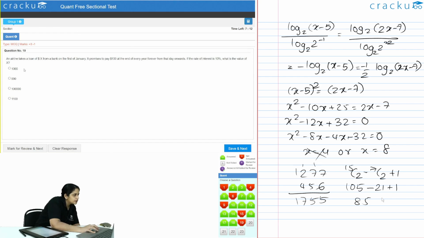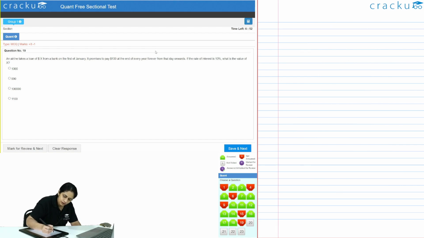Okay, 7 minutes left. An airline takes a loan of X dollars from a bank on the 1st of January. It promises to pay $100 at the end of the year forever. So it's a perpetuity. So X is equal to 100 by 1.1 plus 100 by 1.1 the whole square till infinity.